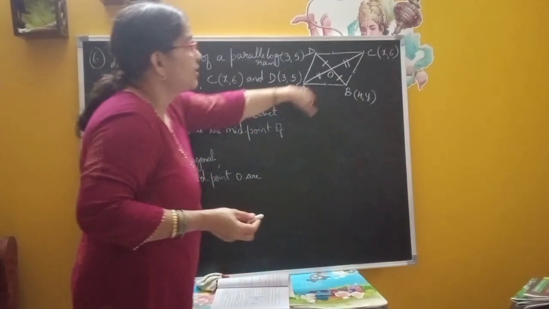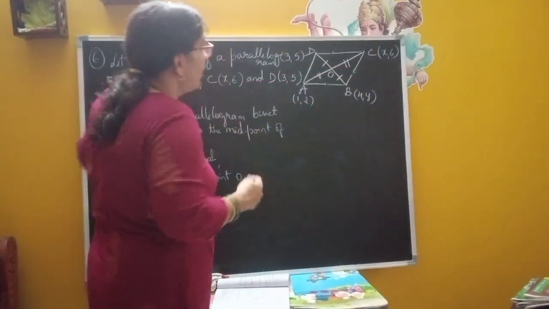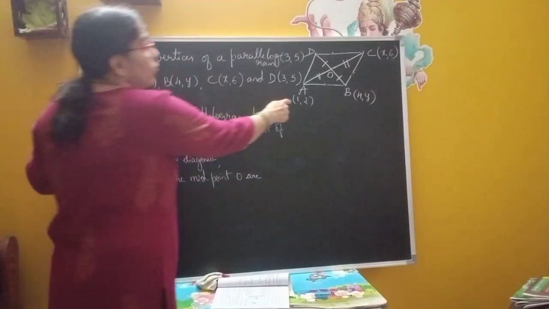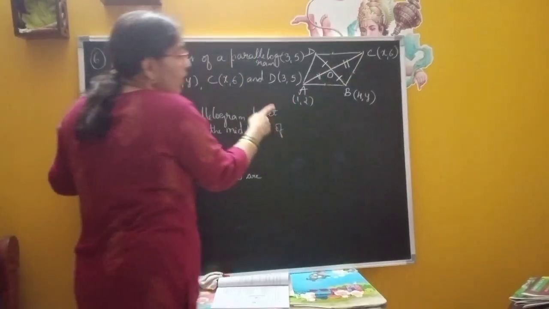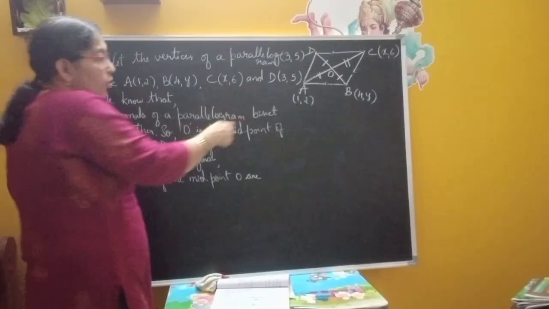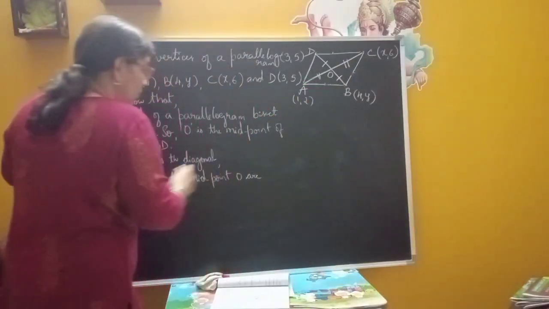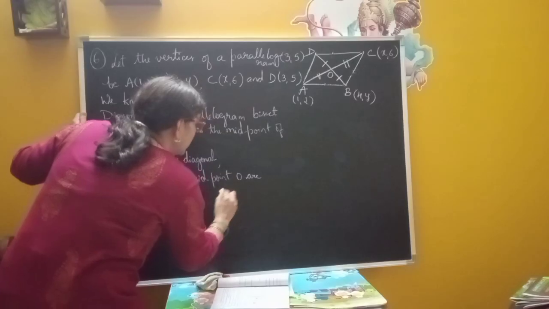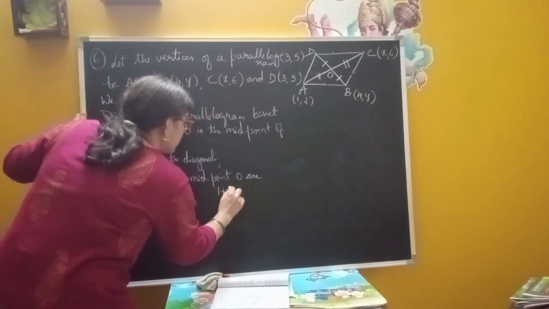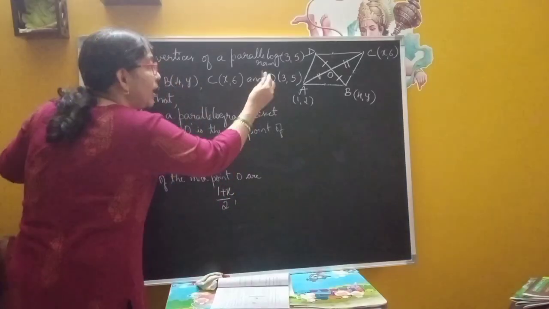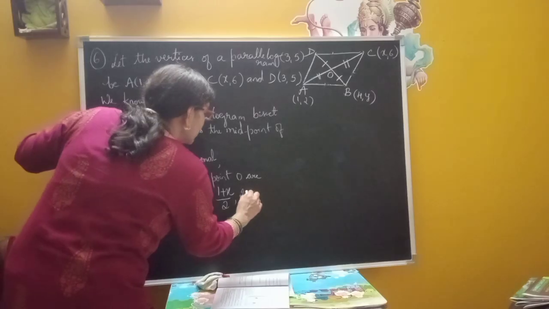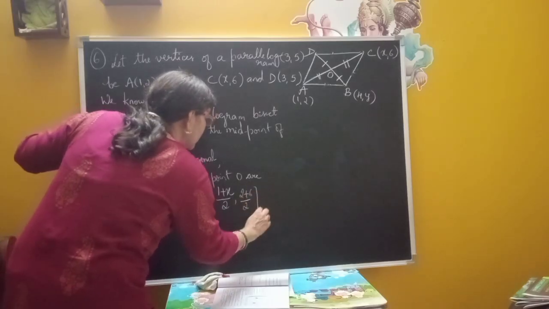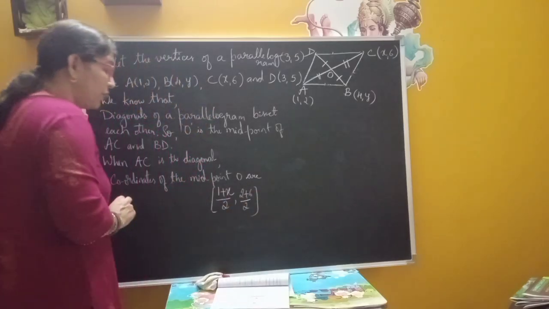Here A and C are the vertices. So (x1 plus x2) by 2, that is (1 plus x) by 2, and (y1 plus y2) by 2, that is (2 plus 6) by 2. These are the coordinates using the midpoint formula.